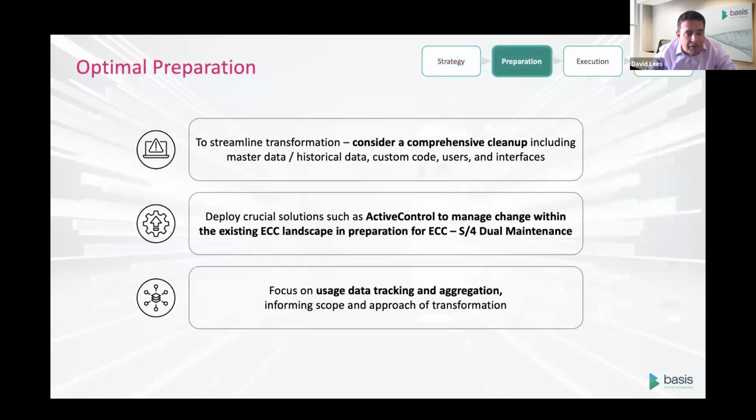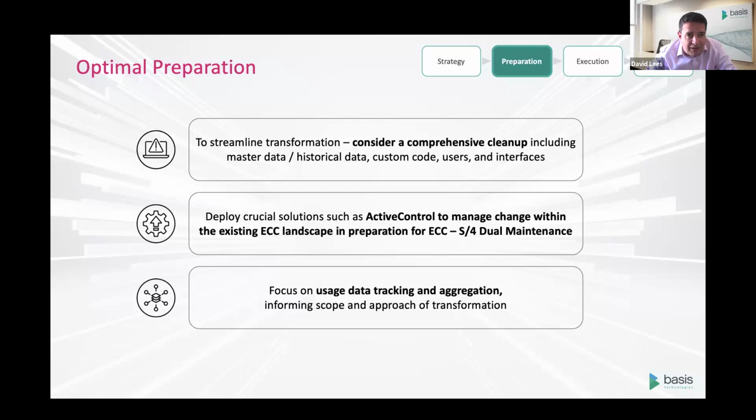Next, we come on to the preparation phase. So these are some of the things you can do before you start. Where can you streamline? Where can you clean up? And that includes getting rid of no longer relevant master data, because there's a certain amount of master data harmonization work to be done with things like business partner, the merging of the vendor and the customer entities in S4.